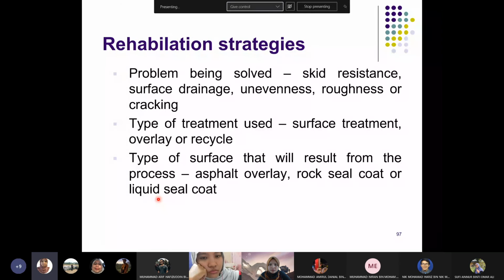It would be asphalt overlay, rock seal coat, or liquid seal coat. So this is the flow of the process that would be involved in the rehab works. The very first thing is to do the testing, to see whether you need to go for treatment or rehab or not, right?